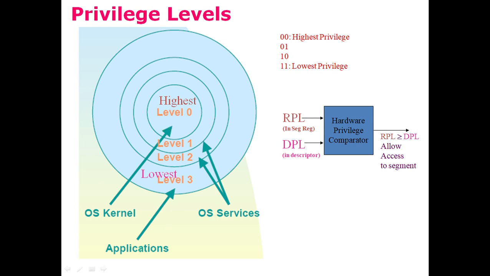Similarly, applications can modify other applications' code and data, but they cannot modify operating system kernel code. On the other hand, the operating system kernel has the highest priority, so code in the operating system kernel can access anywhere in the memory because it has the highest privilege level.